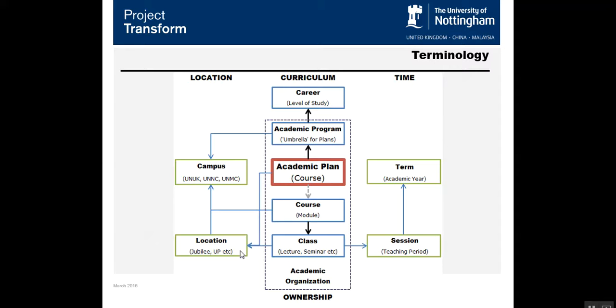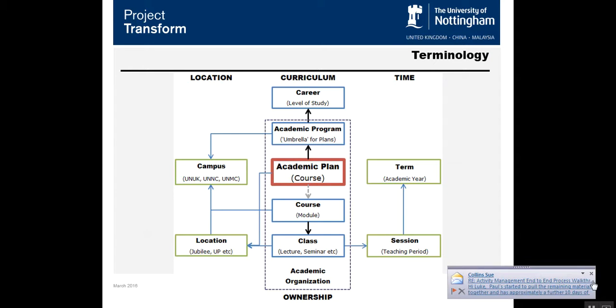And they can also have a location attached to them, such as Jubilee, UP, or whatever else. And then underneath we've got academic organisations. The academic organisations are the owning bodies of plans, courses, etc. So our schools, departments, and faculties. And each plan will have an academic owner or owners attached to it.